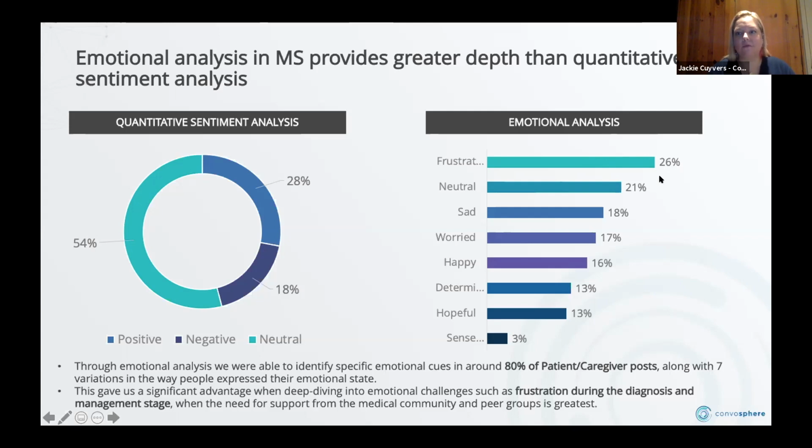However, when you look at what we've done, when we've taken a sample size of that total data set, actually the largest emotional driver was frustration. And this frustration was happening pre-diagnosis, about trying to get the proper diagnosis, and before they started the treatments. But if you just relied on the sentiment analysis provided by the tools, you wouldn't have the same level of understanding about what's actually driving the emotions.